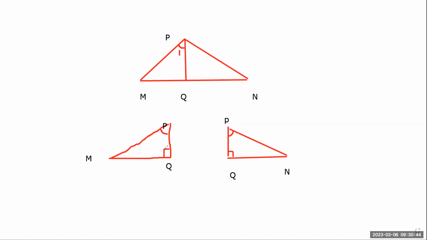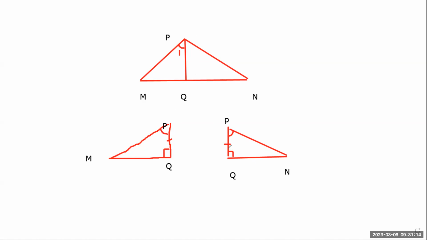The easiest way to prove these two triangles congruent, you can do it a couple of different ways, but the easiest way is to say that they share PQ right here, as you mentioned earlier, and that PQ is congruent to itself, so that you can mark this. And so then you have an angle side angle relationship.